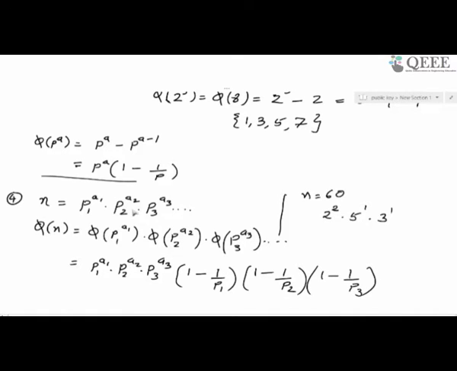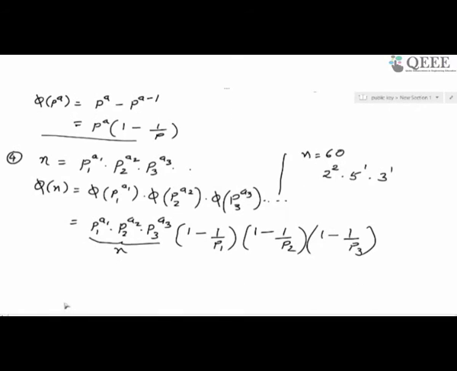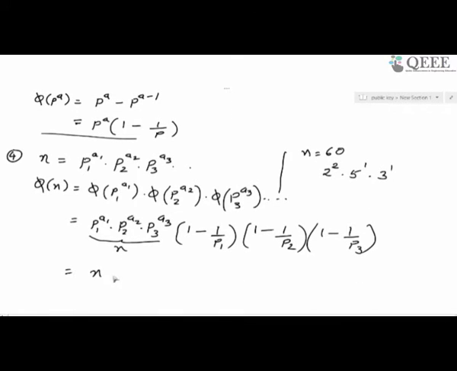I'm just assuming n is made up of 3 primes, p1, p2, p3 raised to the power of a1, a2, a3 respectively. By definition, this becomes n. So phi of n will be equal to n into 1 minus 1 by p1 into 1 minus 1 by p2 into 1 minus 1 by p3. And this is our phi of n.